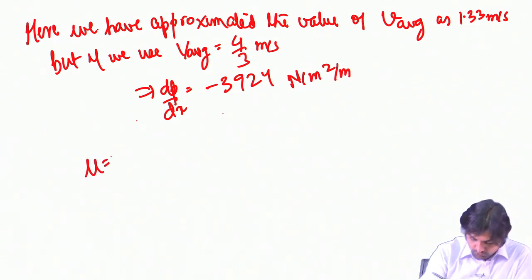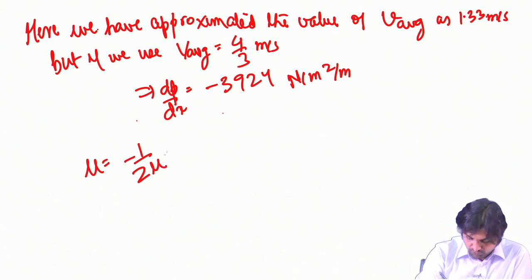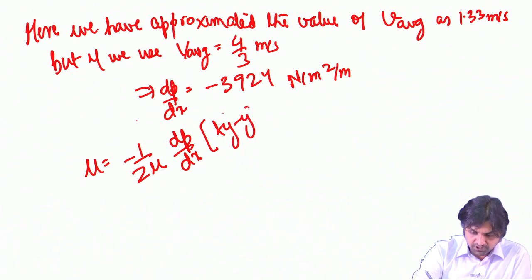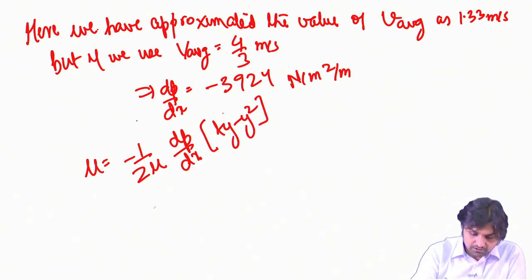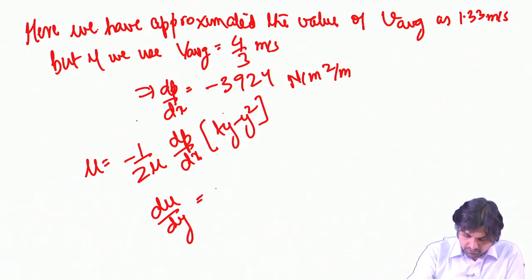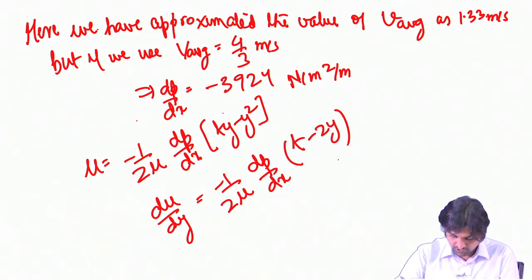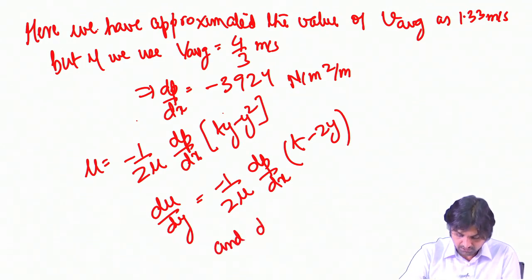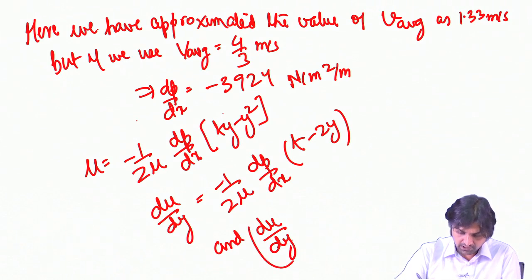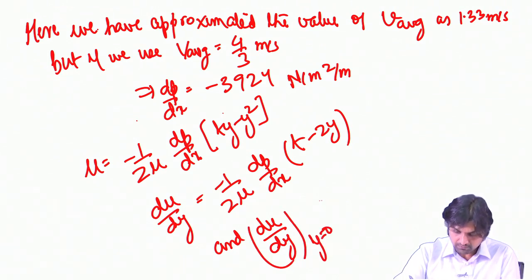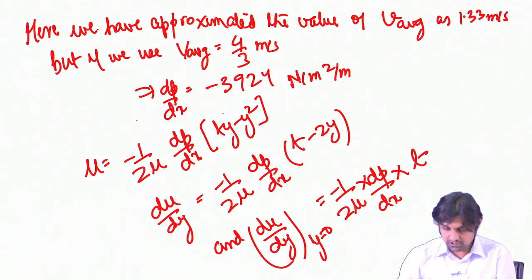So, now we know that u is minus 1 by 2 mu dp dx into ty minus y square, right. So, du by dy will be minus 1 by 2 mu dp dx into t minus 2y, and du by dy at one plate will be equal to minus 1 by 2 mu into dp dx into t.